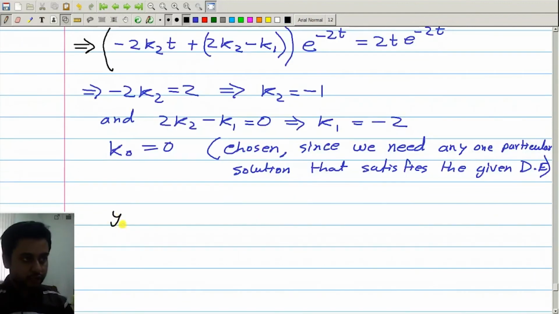So we have got one solution. Y1 is equal to minus 2t plus minus t square multiplied by e to the power minus 2t.